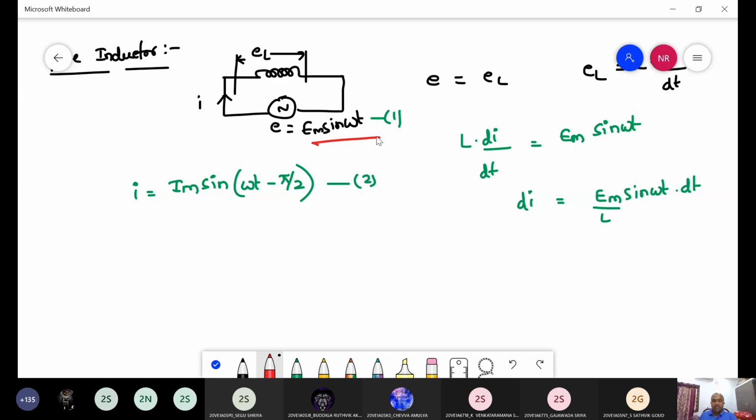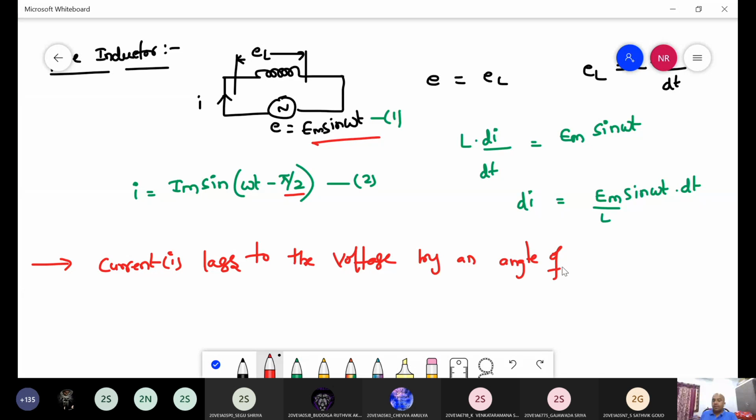So here, when comparing these two equations, when I am considering voltage as a reference, Em sin omega t, here current is exactly lagging by pi by 2, 90 degrees. So here, the point to be remembered: in pure inductor, current I lags the voltage by an angle of pi by 2.